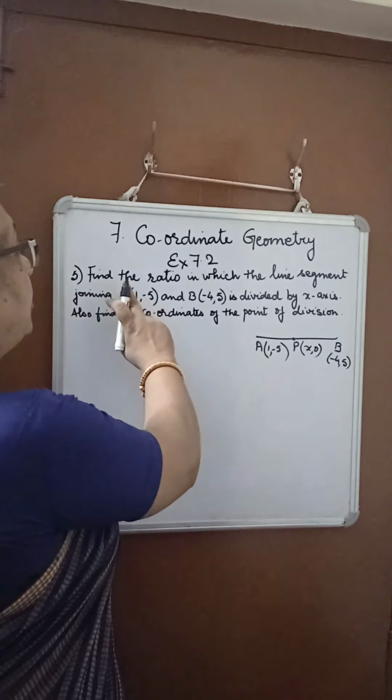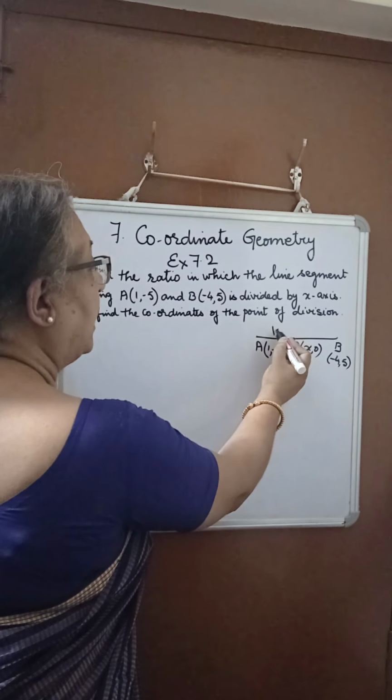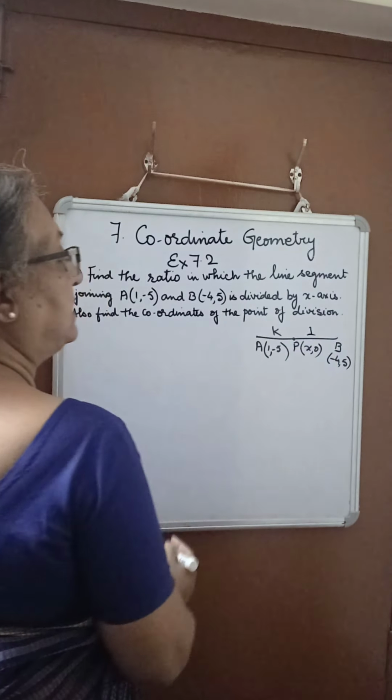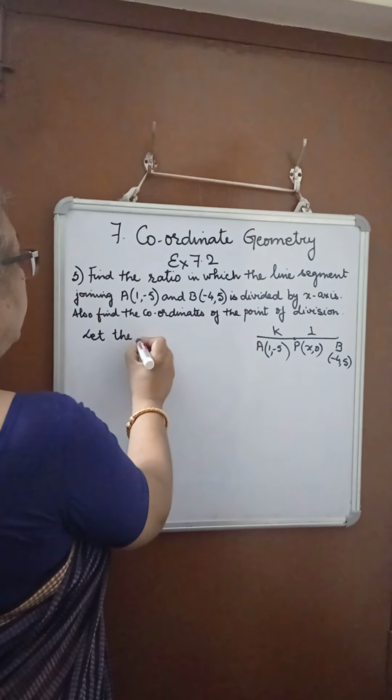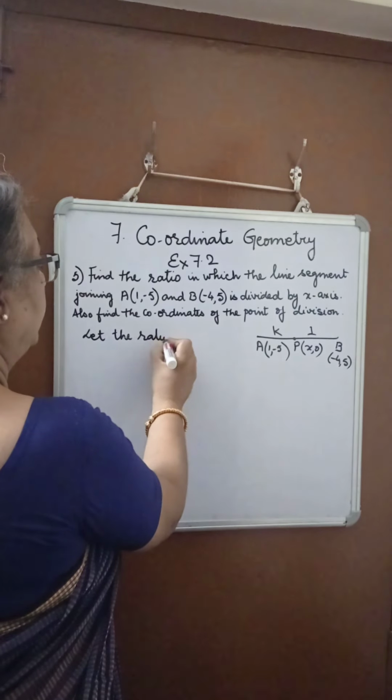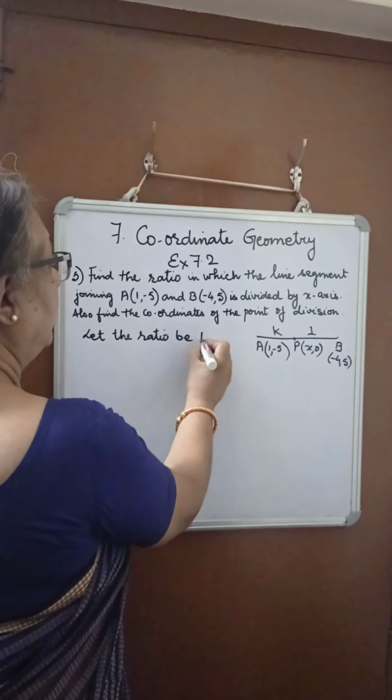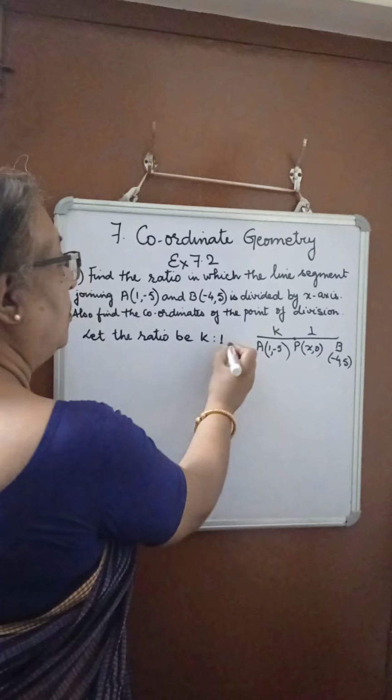So how do we need to find the ratio? We start, suppose the ratio is k is to 1. Let the ratio be k is to 1.